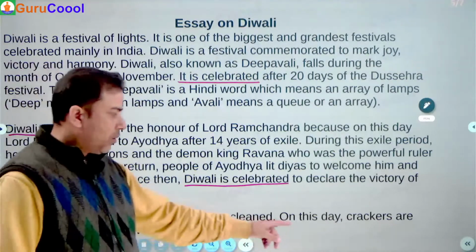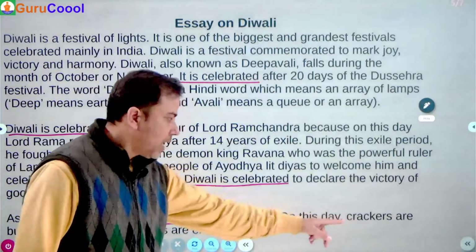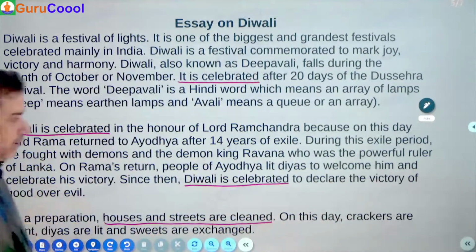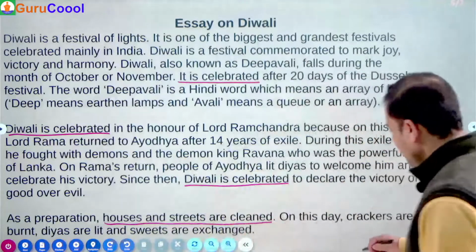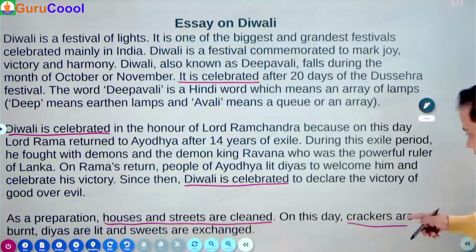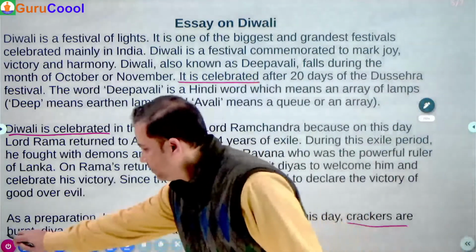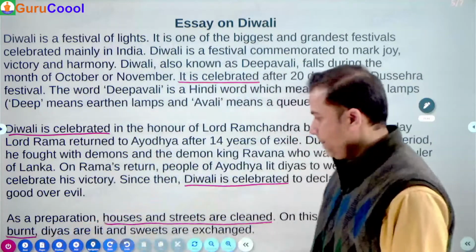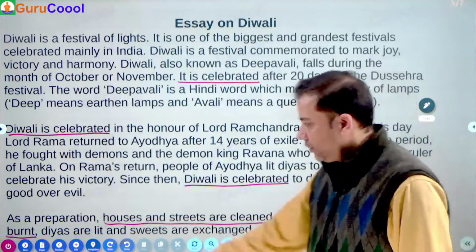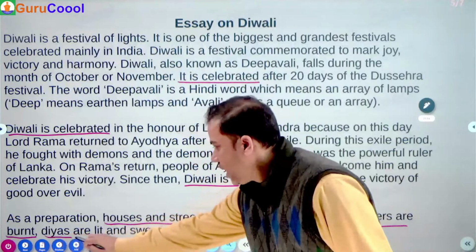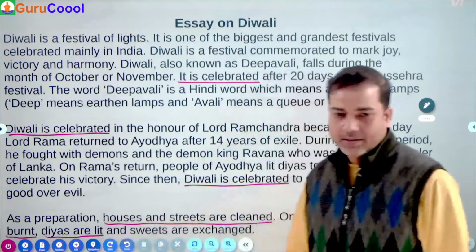Next it says, on this day crackers are burnt. Again we have got a sentence of simple present passive voice. Crackers are burned, right? Then it says, diyas are lit. See, another sentence.